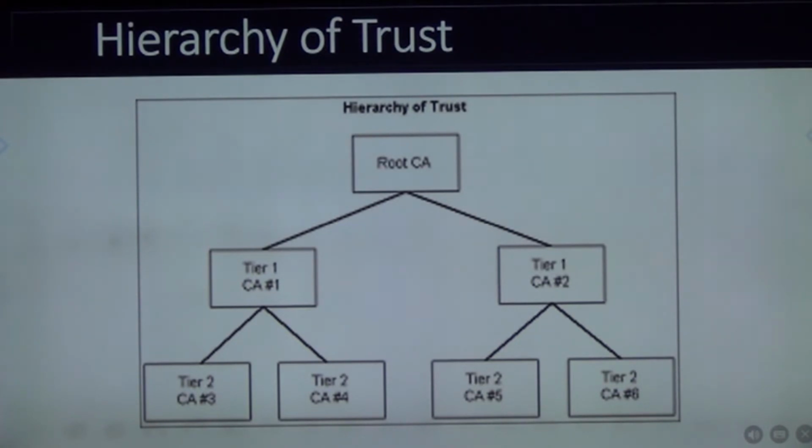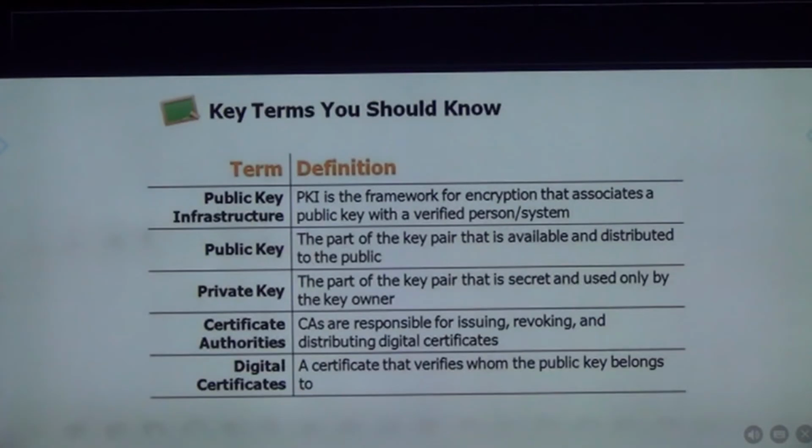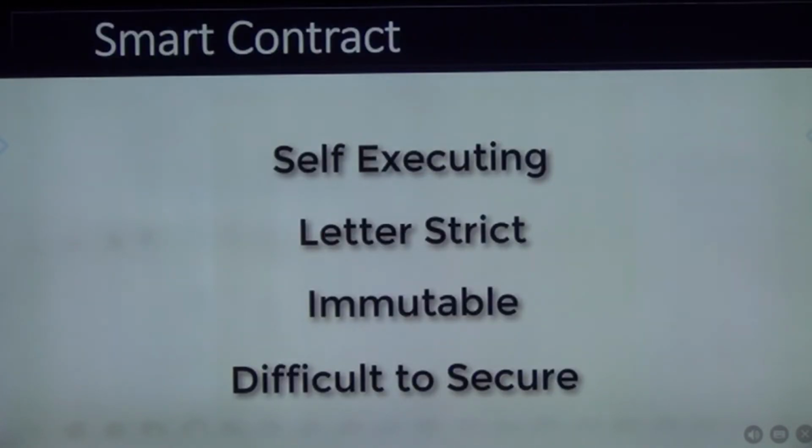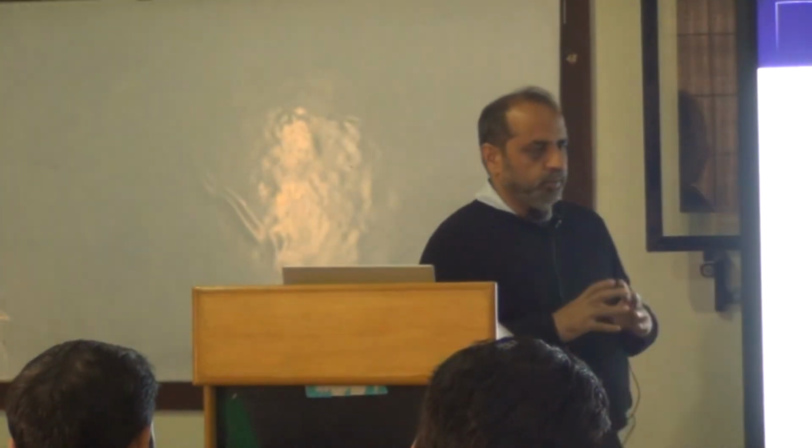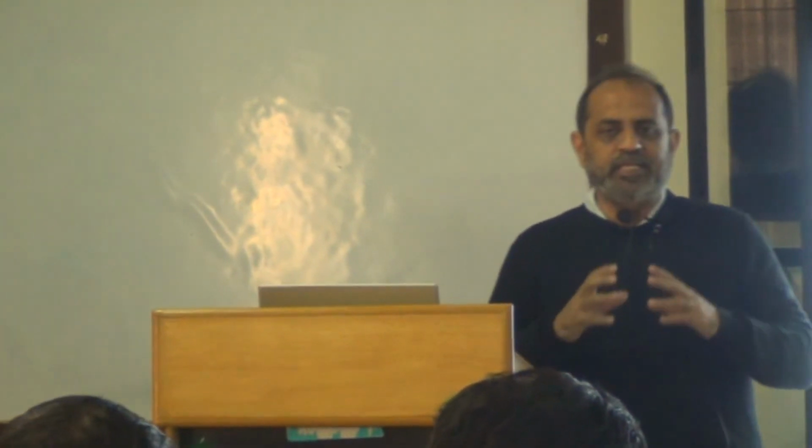You just make a hierarchy of these CAs, and you can install the CAs yourself, and have a root CA, which is the Election Commission of Pakistan, or, for example, NADRA is the root CA and it is issuing certificates. So once you are developing your own CA for a very specific smart contract to conduct an election, for example, or to have a census and collect data for the census.